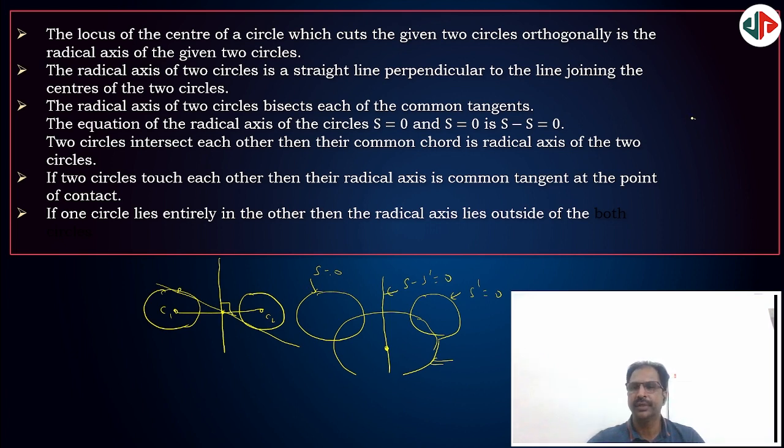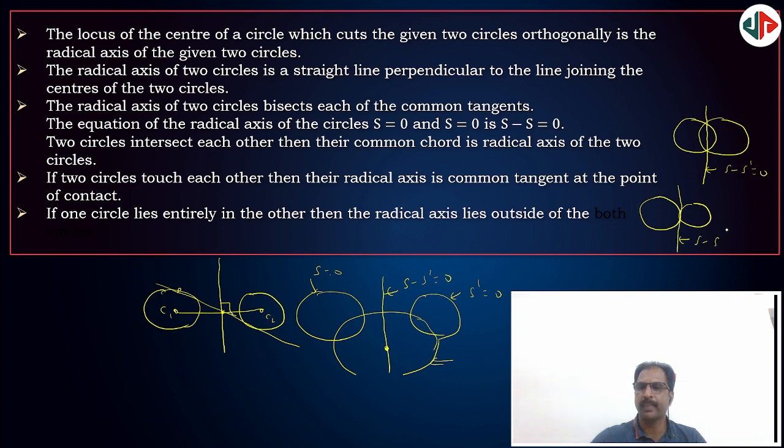And if two circles intersect each other, their common chord is nothing but the radical axis. This is the common chord which is nothing but the radical axis. If two circles touch each other like this, this is known as the common tangent. That itself is the radical axis.